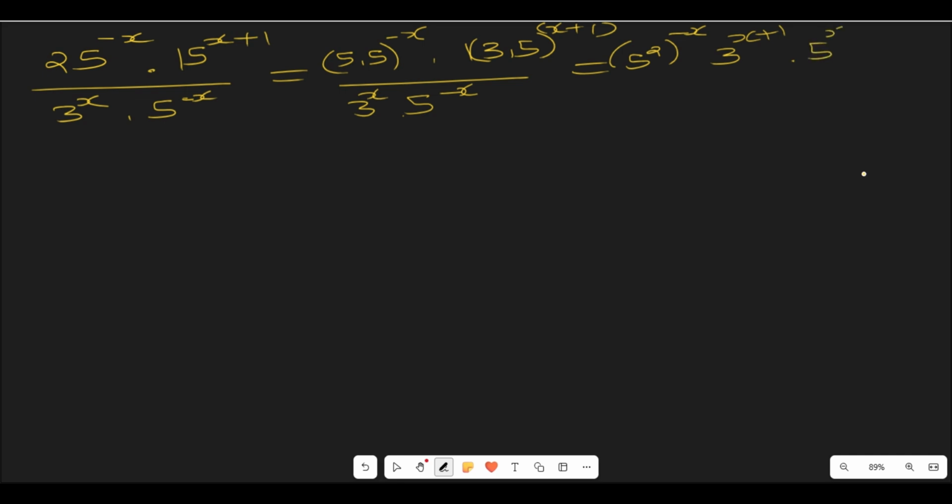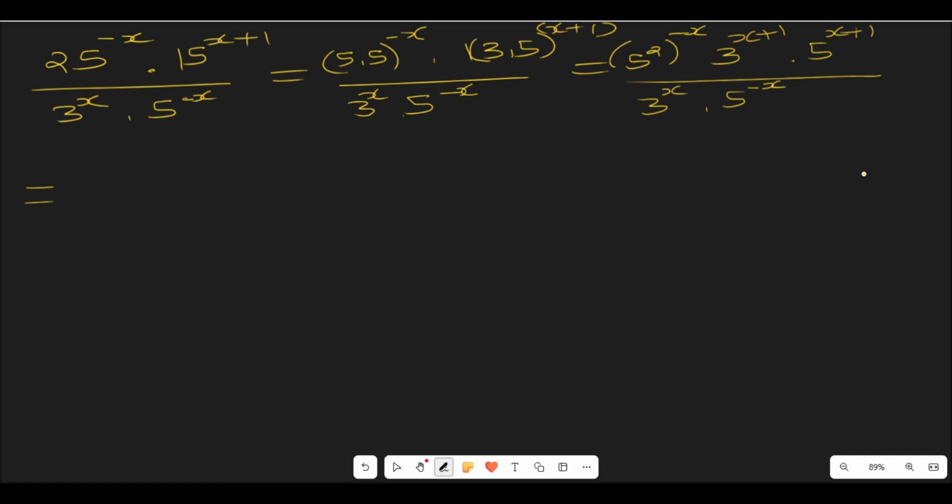We distribute the powers, and then you say 5 to the power x plus 1. So all over, it's all over what? 3 to the power x multiplied by 5 to the power negative x.